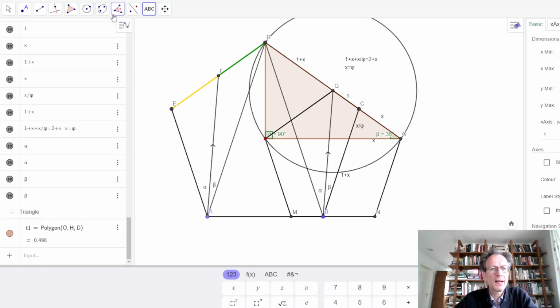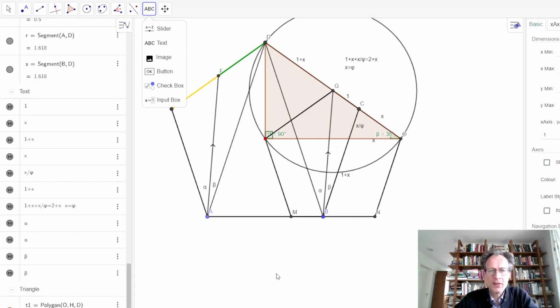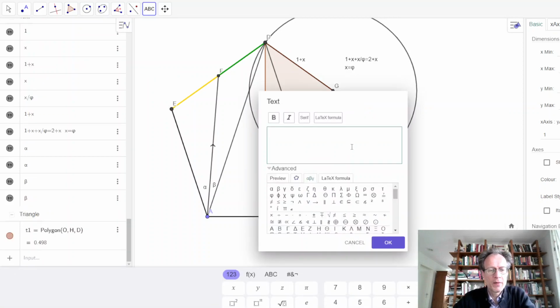So what I mean is that 1 plus phi, remember we have found that x is phi, stands to 1 is the proportion of the side length, so the diagonal, which is phi. Well, I will clarify that later, times the sine of alpha divided by the sine of beta.